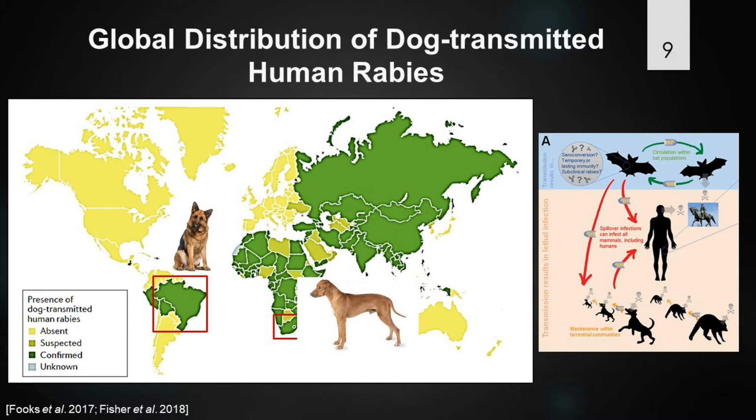And when these secondary hosts, which are dogs and other mammals, domestic animals, wild animals, bite humans, they spread the virus. And if not treated in time, and once symptoms develop, the disease is fatal or deadly.